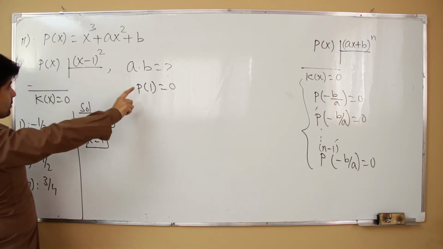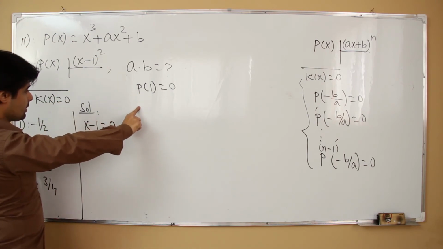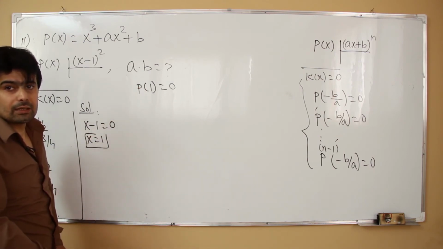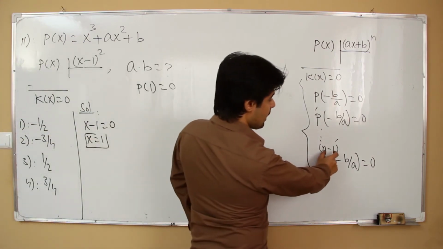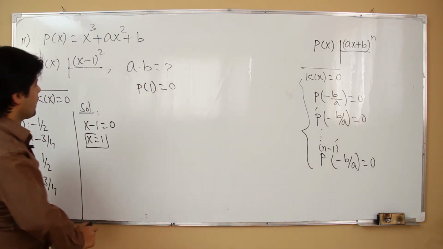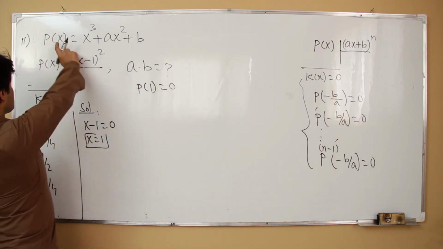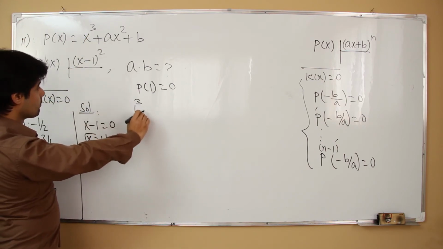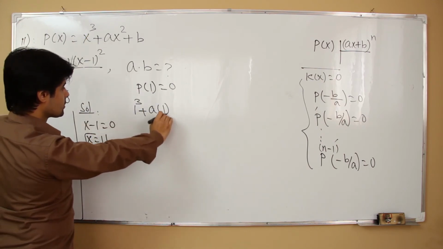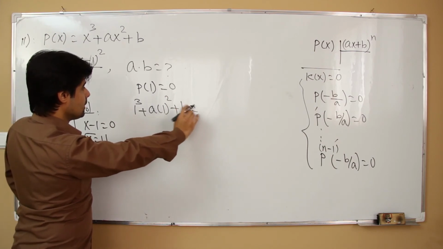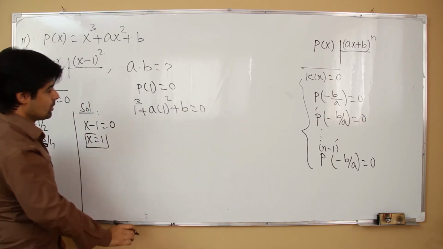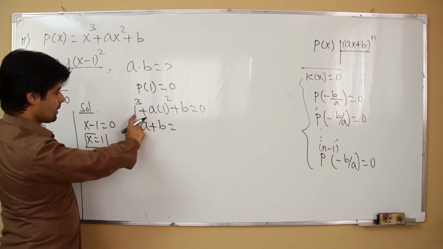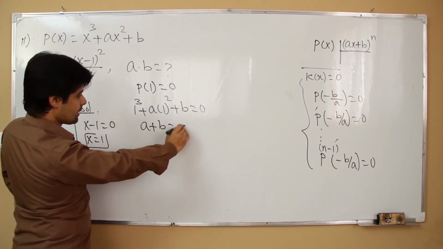I mean, you have to put P prime(1), and you can take the derivative of the first degree, not the second, because you have the permission up to n minus 1. I'm sure that you have got it. Now, instead of x, you have to put 1. So, 1 cubed plus a times 1 squared plus b. This P(1) should be 0. So, you will find a plus b, put plus 1 to the right side, it's minus 1.